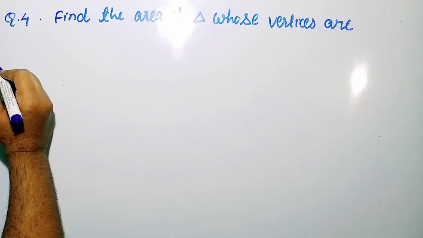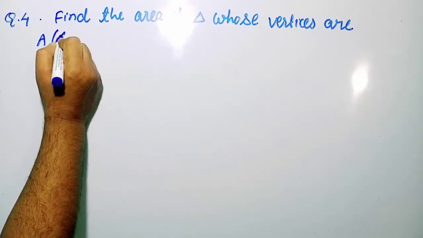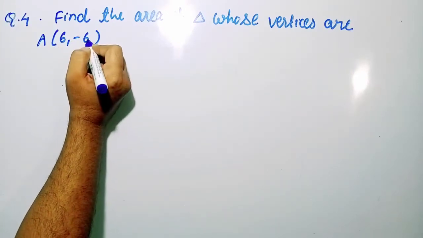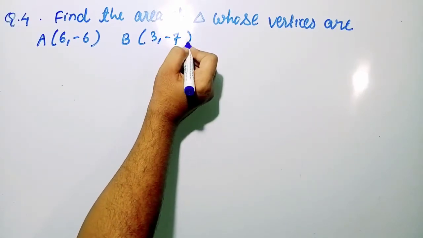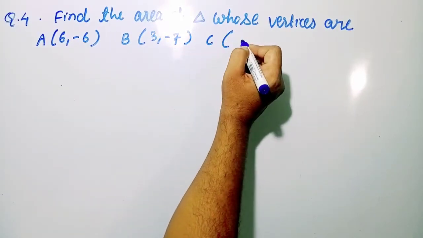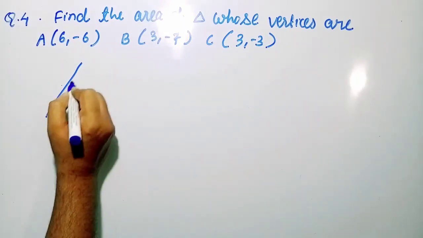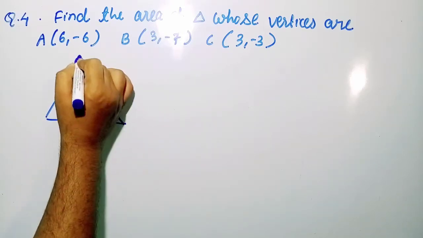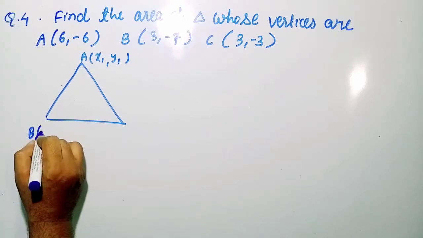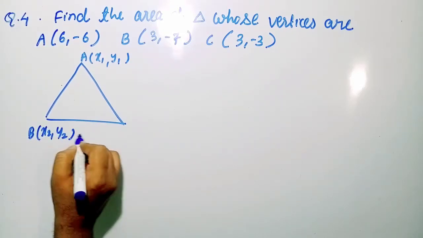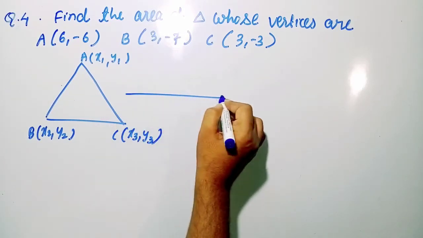Question number 4, find the area of triangle whose vertices are A (6, minus 6), B having coordinates (3, minus 7) and C having coordinates (3, minus 3). Okay students, so drawing the triangle having vertices ABC, right? A having coordinates x1 y1, B having coordinate x2 y2, and the coordinate of C is x3 y3.